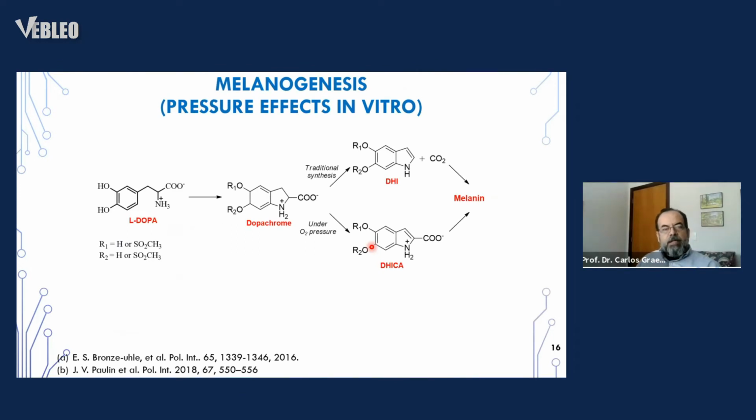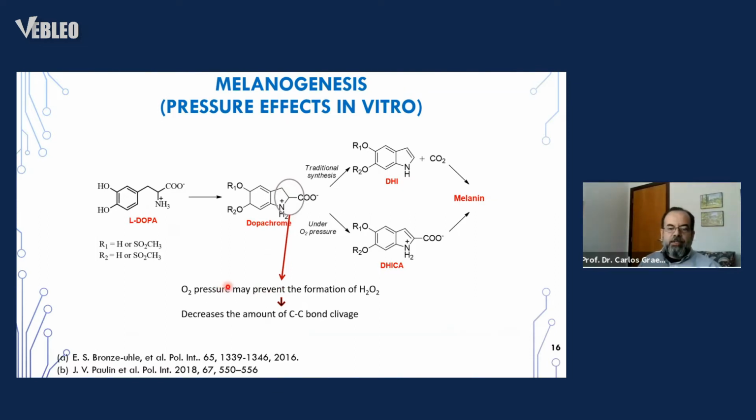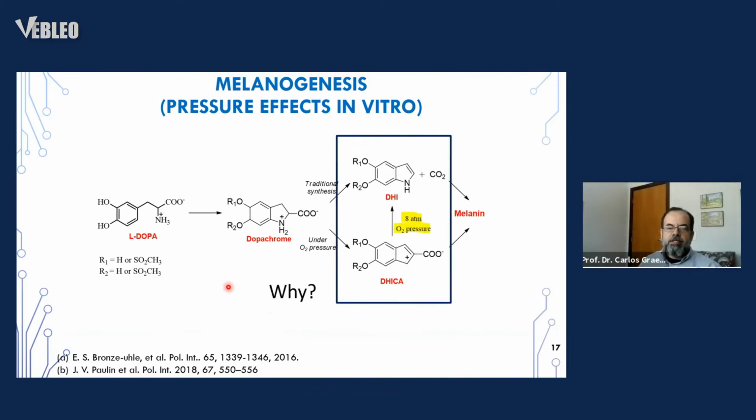So the melanogenesis under pressure increases the amount of CO2, and what we believe is that oxygen is preventing the formation of hydrogen peroxide, so decreasing the amount of CC cleavage. But as you may have noticed, if we increase the pressure too much, this also decreases the amount of CO2, probably because of the oxidation of the CO2. So there is an equilibrium of the best pressure that we use.